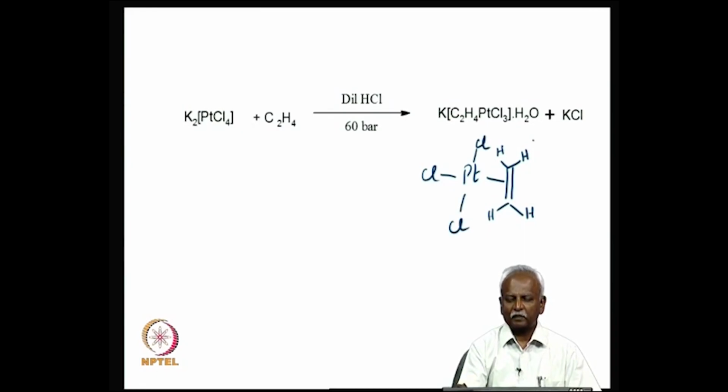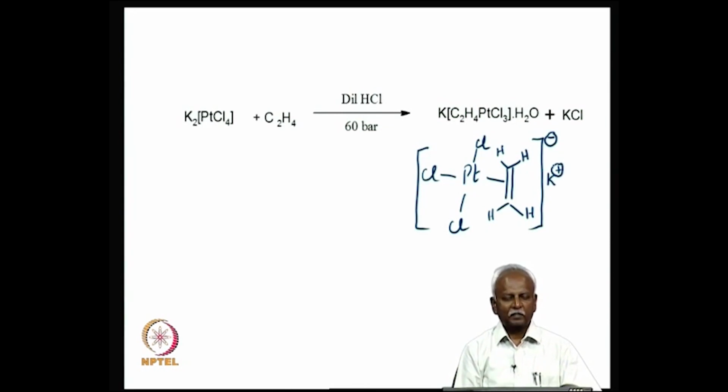Because platinum is present in the +2 oxidation state, it has got a negative charge, and this negative charge is now balanced by a potassium ion. So, we started with a platinum 2 complex.